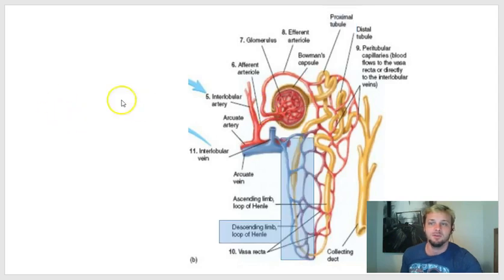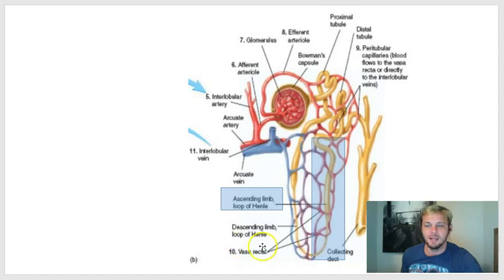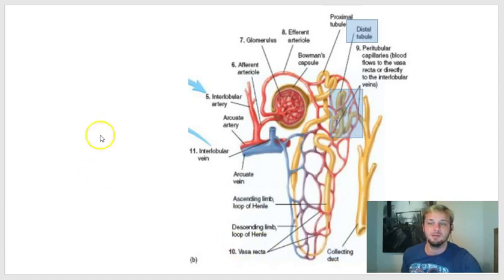That proximal convoluted tubule then comes down, and you get the descending loop of Henle, and then the ascending loop of Henle. Now we're further away from that glomerulus, so now we're at our distal convoluted tubule. Your distal convoluted tubule then drains into your collecting duct.